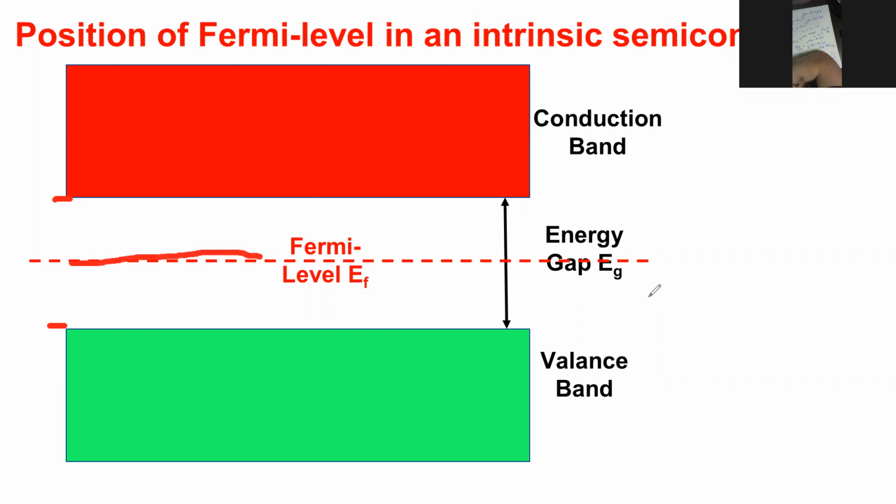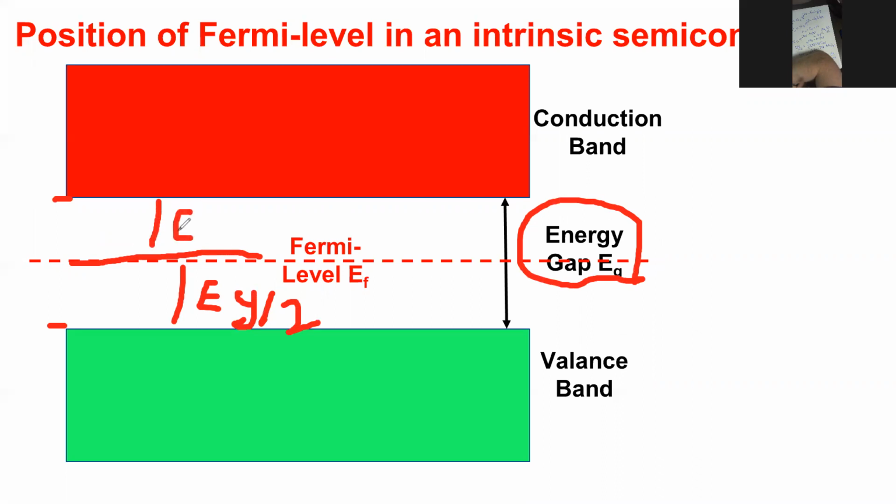If this distance is called EG, then the distance between the EV and this average is simply EG over 2, and the distance between the average and the upper limit, which is EC, will be EG over 2. Very simple. So EG over 2 and EG over 2 are equidistant from EC and EV. So the Fermi level is typically in the middle.